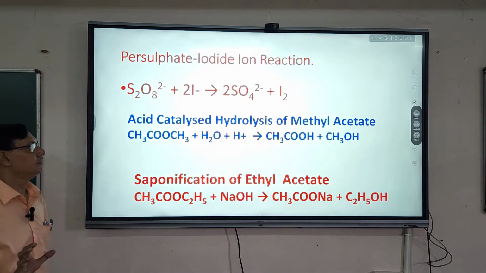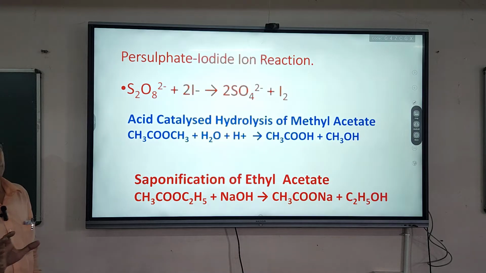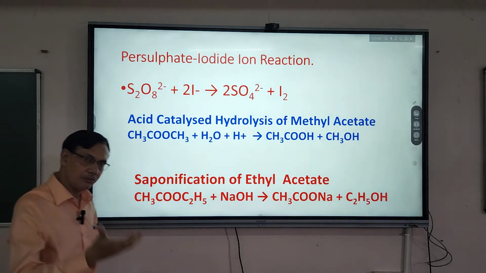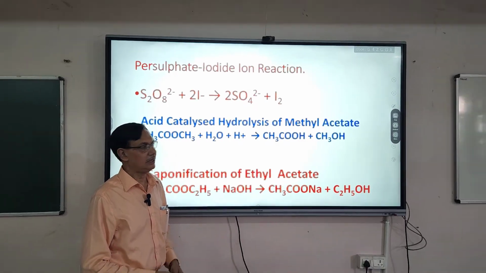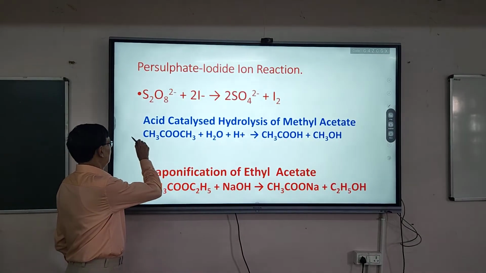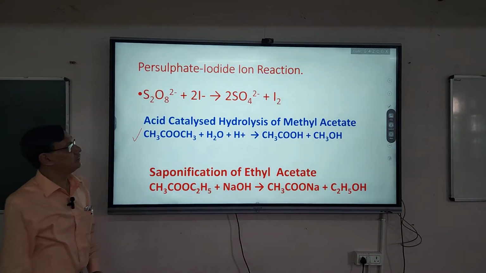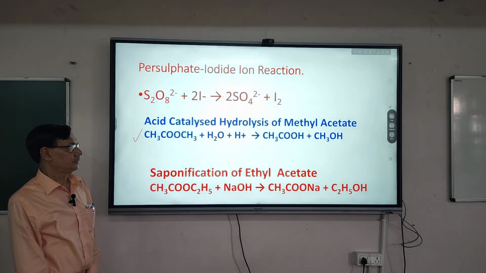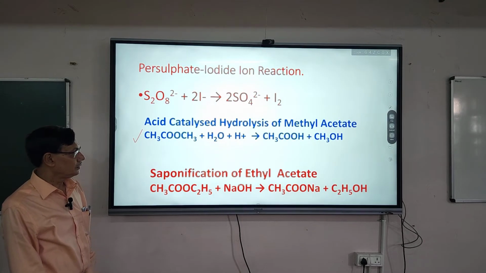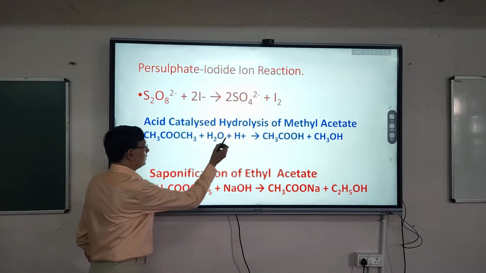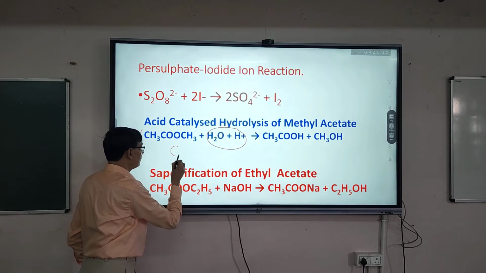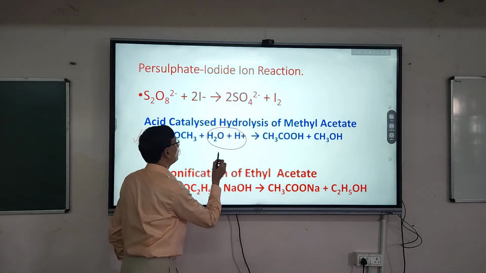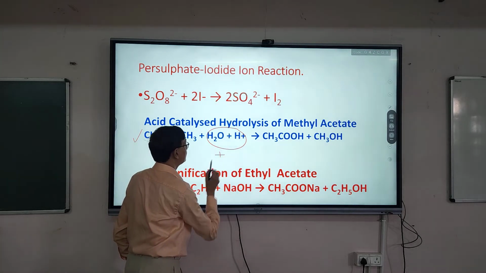Now I am giving some very common examples which you have already performed in your practical classes. Let me start with the hydrolysis of methyl acetate, and naturally this is a neutral species and this is a positively charged species.